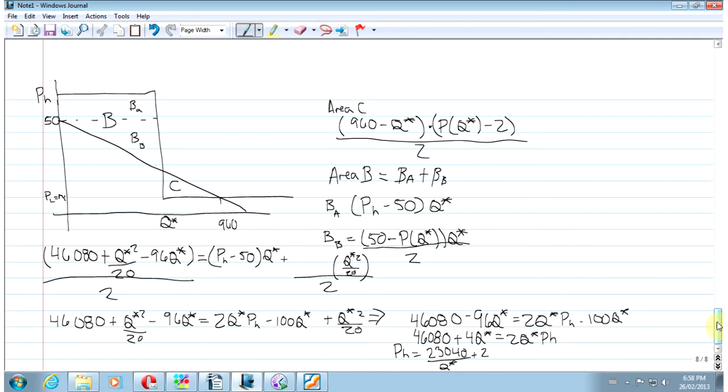I'm just going to check this for my sake because I have been having a rough night. 23040 divided by 480 is 48, plus 2 equals 50. So this is the generic formula for the explicit solution that we had before. Okay, so that's how to do this kind of problem.